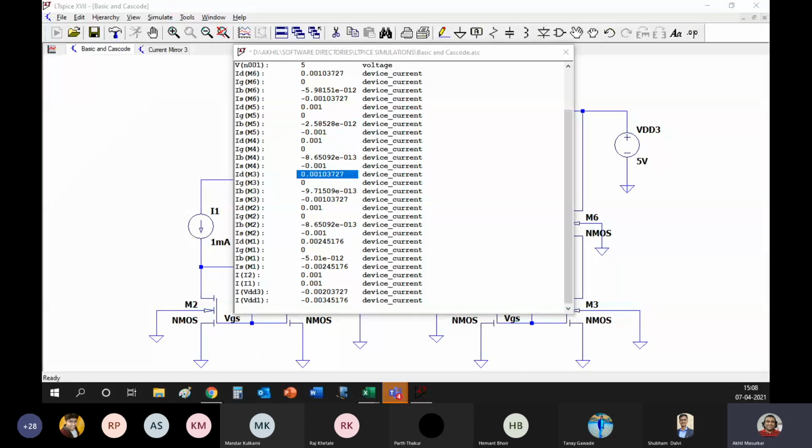So for these four values of lambda, you will measure ID M1, ID M2, ID M3 and ID M4. Yes. Any doubts, you can unmute and ask me.